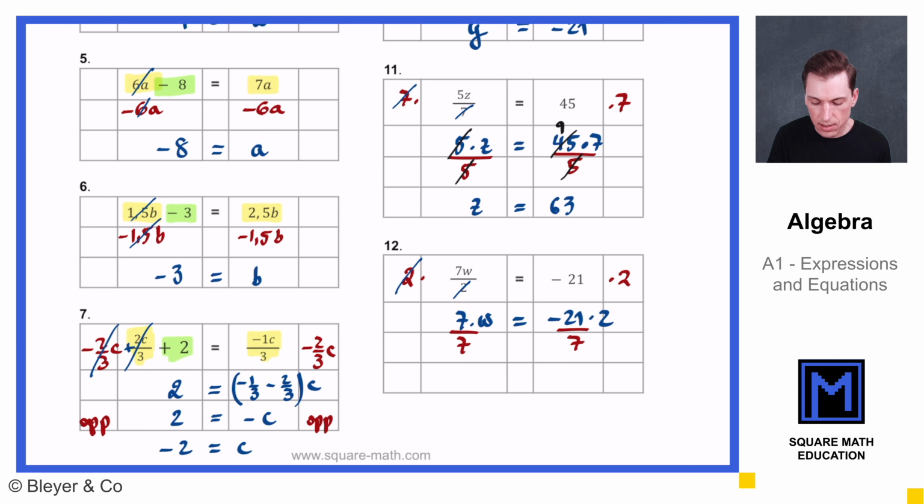On the left hand side, 7 divided by 7 is 1, so 1w, or just w. On the other side, check it out, minus 21 divided by 7, reducing 21 by 7 is 3. And then it's an easier multiplication, negative 3 times 2, which is minus 6. And there you have it.